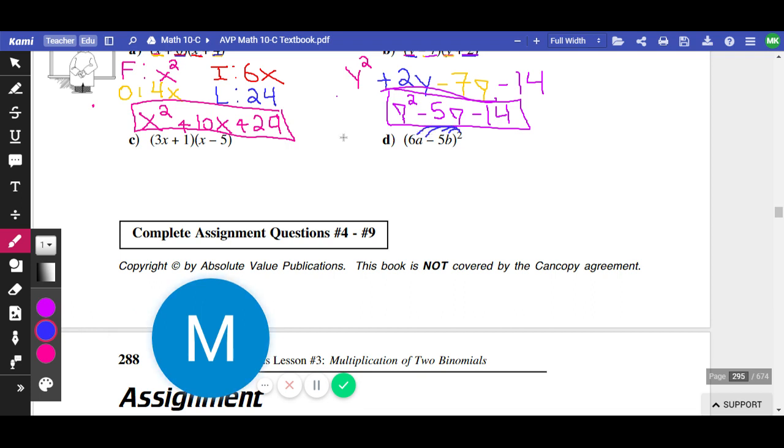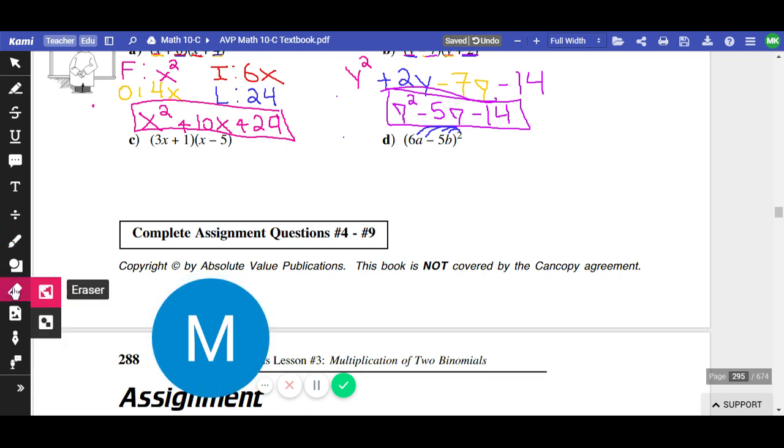That does not work anymore. It only works for monomials inside the brackets. This is a binomial inside the brackets, so this trick is a no-no.